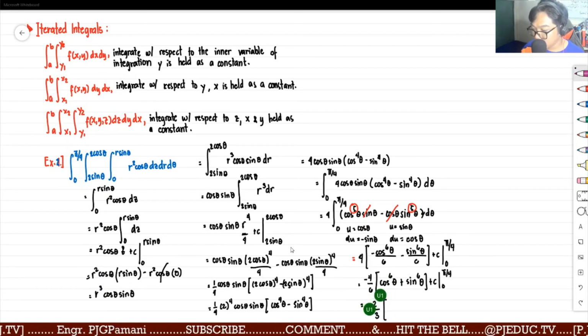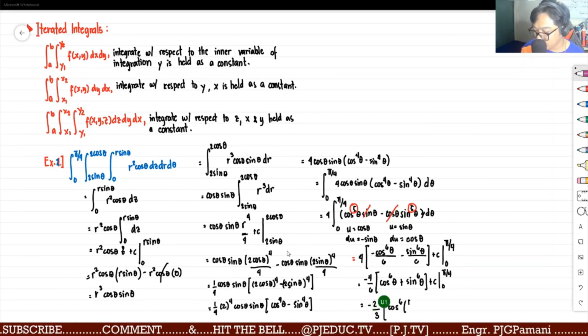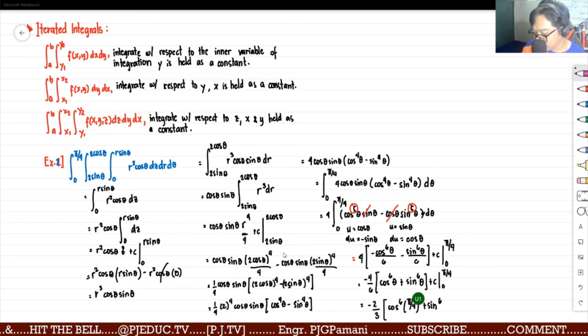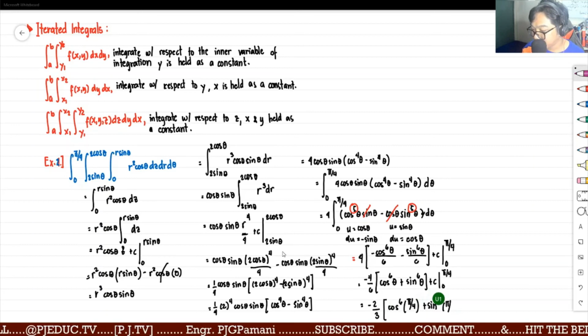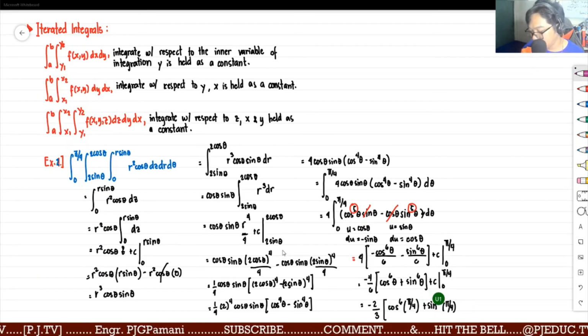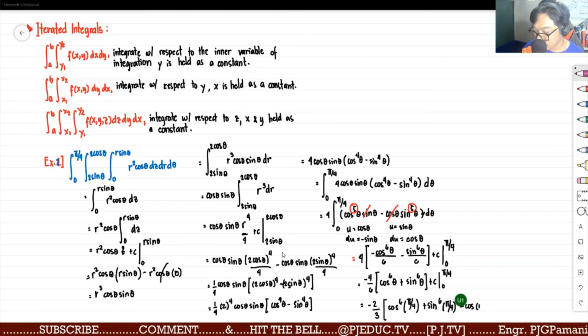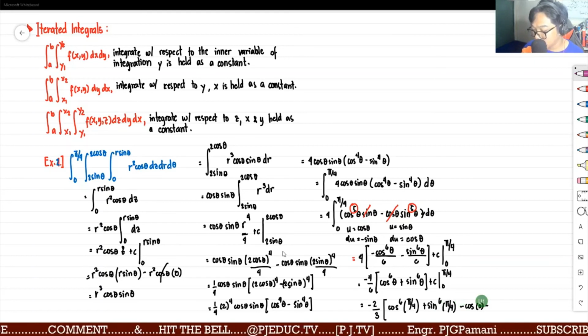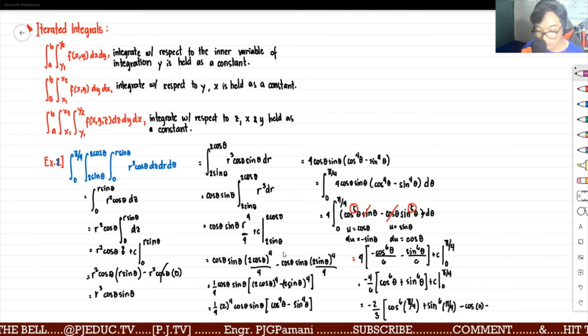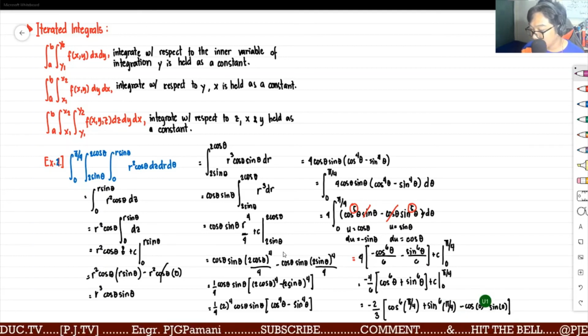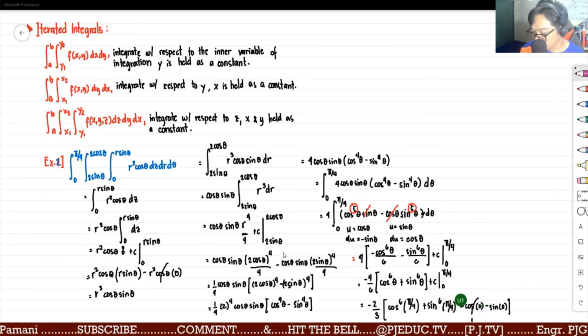Then, substitute your upper limit, which is cosine raised to the 6 of pi over 4 plus sine raised to the 6 of pi over 4, minus the lower limit of cosine 0, minus, distribute, minus sine 0. Okay? That is 1 and that is 0.